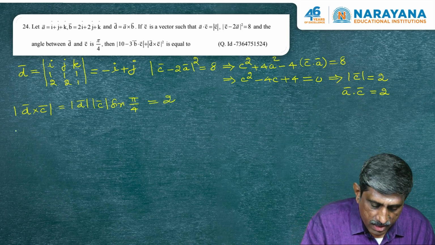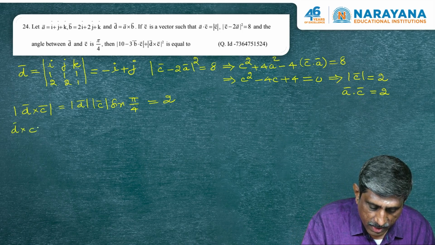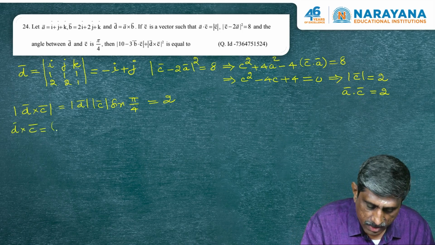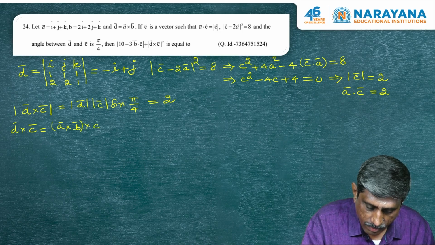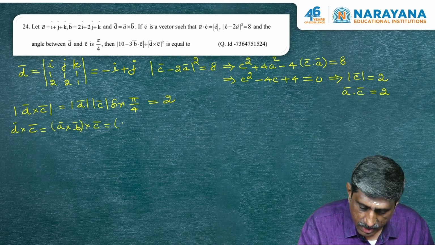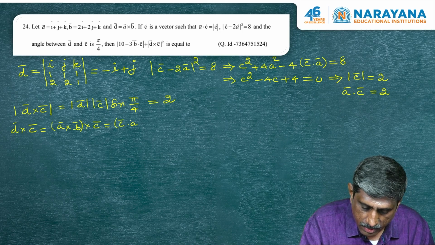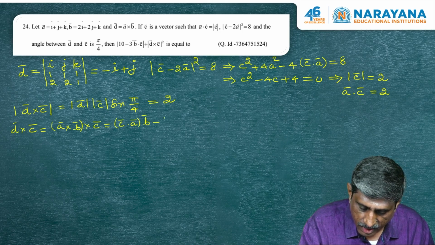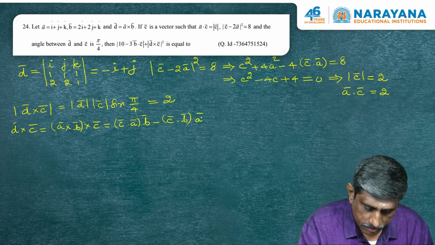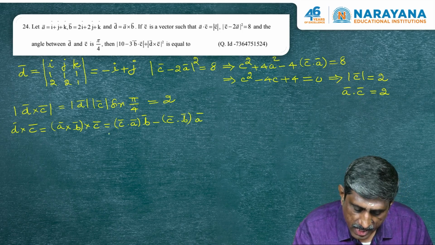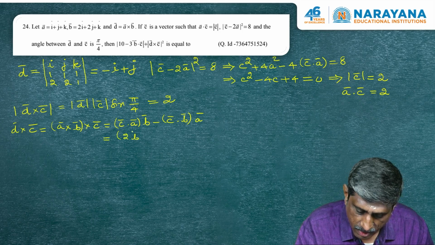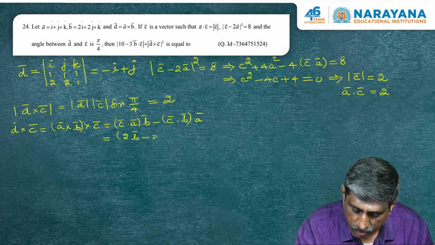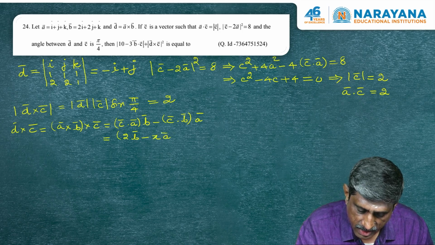Let us calculate what is D cross C. D cross C is A cross B cross C, which is clearly C dot A into B bar minus C dot B into A bar. So, C dot A we have the value, that is 2 times. So, it is 2 B bar minus this value we do not know, we call it as X, which is X into A bar.